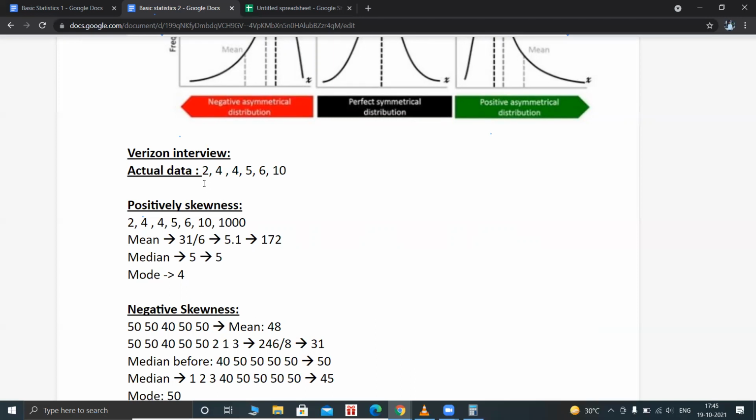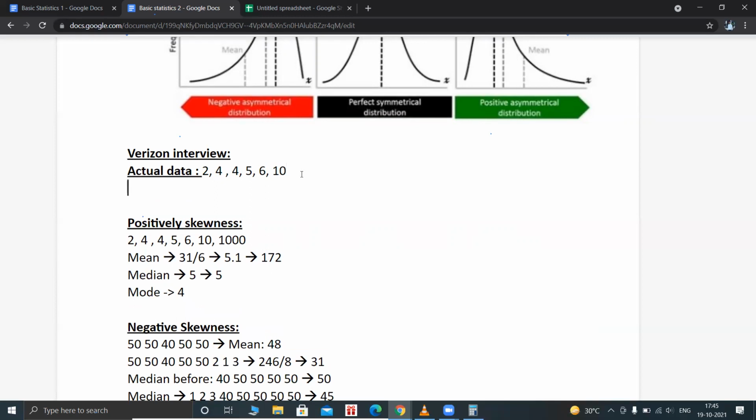See here, guys. These are my data points: 2, 4, 4, 5, 6, 10, right? When you compute the mean, can you just tell me what is the actual mean for this? 2 plus 4 is 6, 10, 15, 21, and 31. So 31 divided by 6.